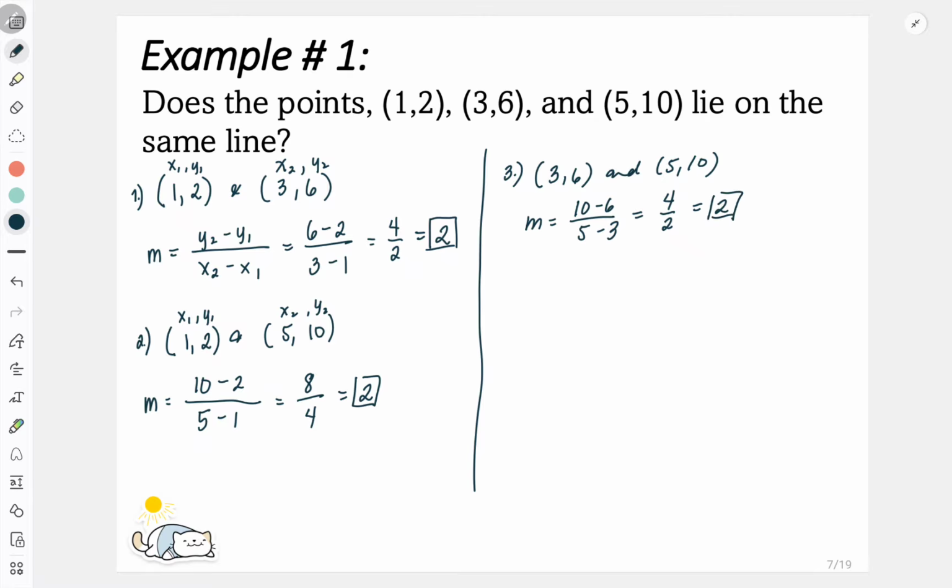So look at this. Any 2 points of these given 3 points will result in the same slope.